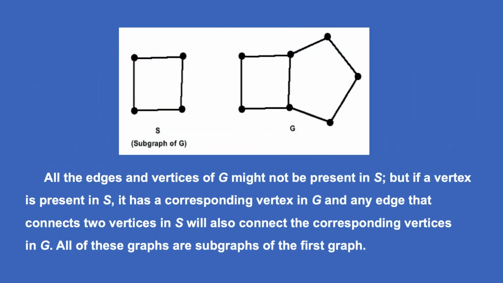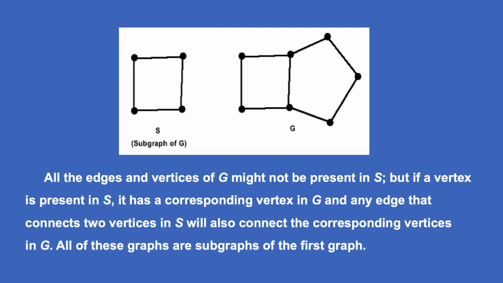All the edges and vertices of G might not be present in S, but if a vertex is present in S, it has a corresponding vertex in G, and any edge that connects two vertices in S will also connect the corresponding vertices in G.